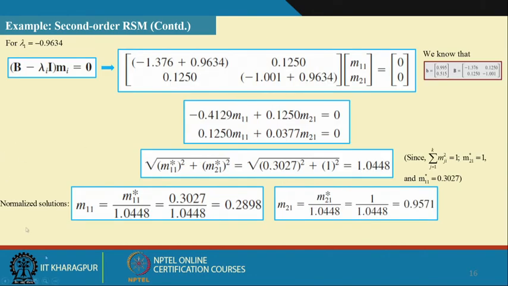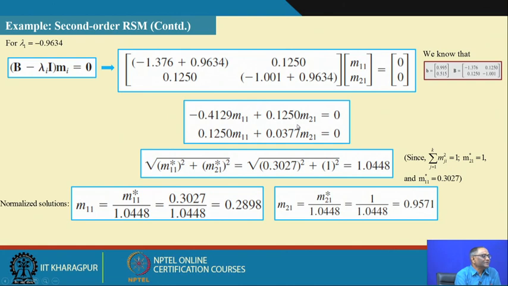This is what we are doing here. We know B, we know lambda. Now, you put the first one, so minus this into this value. Minus plus minus is plus. So, your resultant matrix is this, and it is multiplied with M11 and M21 because here it is the 2-dimensional case. Then you are getting these two equations.